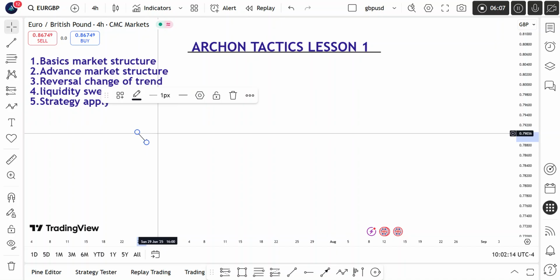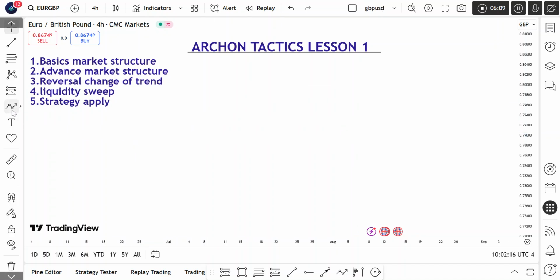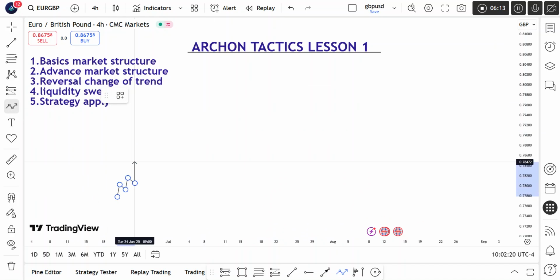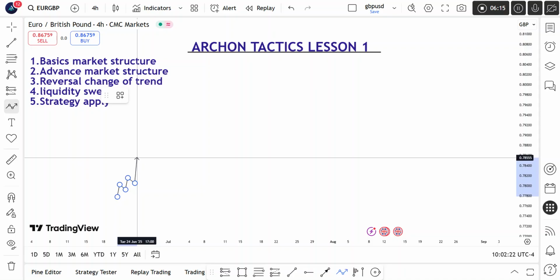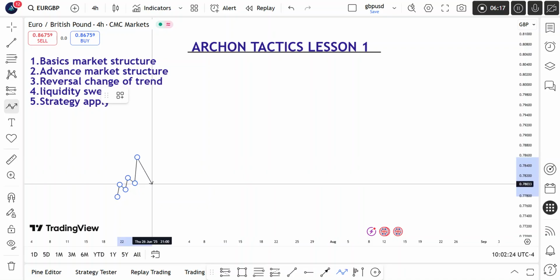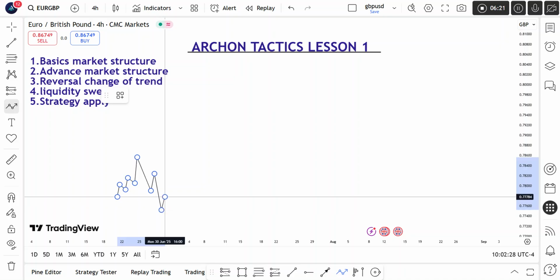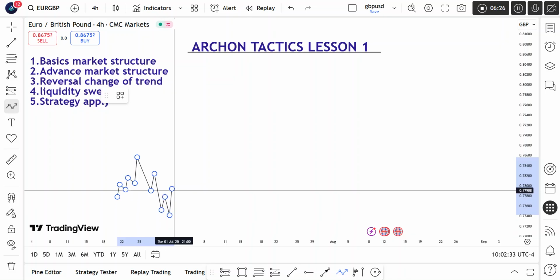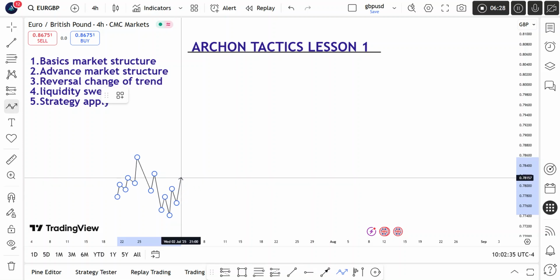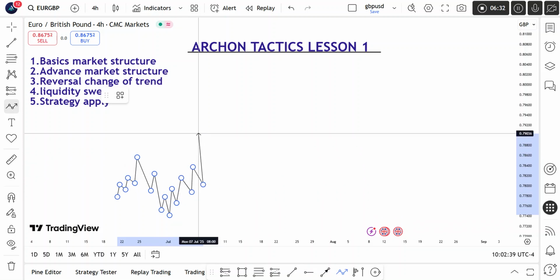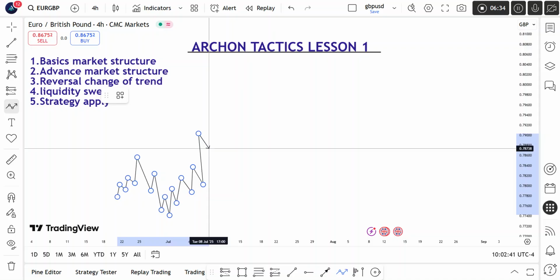We are seeing the different downtrends happening like this, to look at the big picture of what is happening exactly. This is how the market is moving.